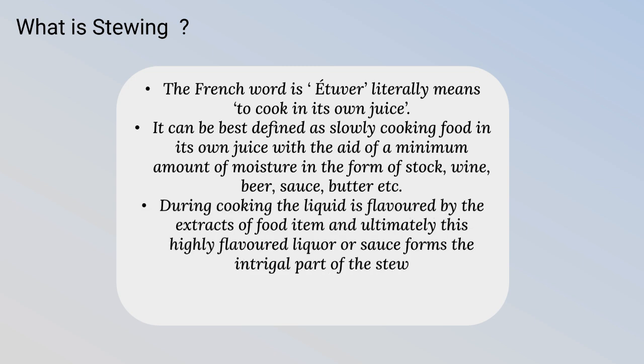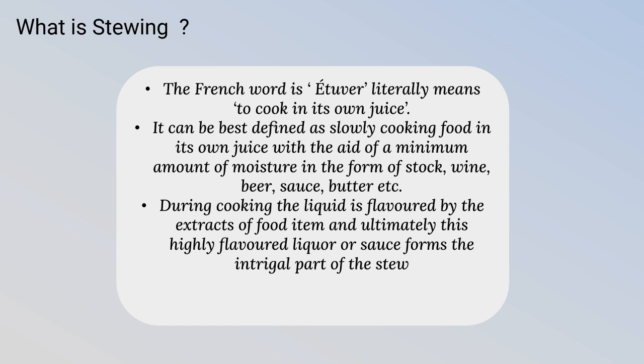During cooking, the liquid is flavored by extracts of food items, and ultimately this highly flavored liquor or sauce forms the integral part of the stew. So whenever the cooking process is on, what will happen?